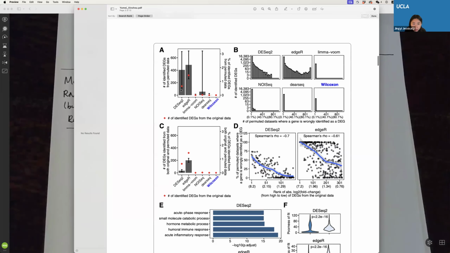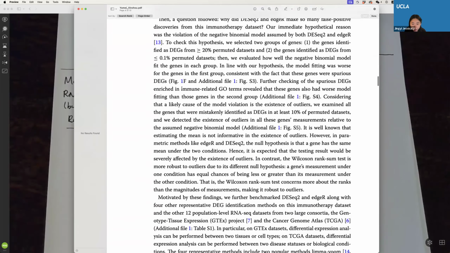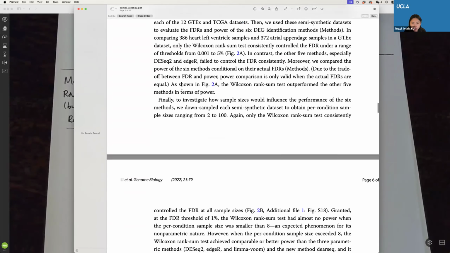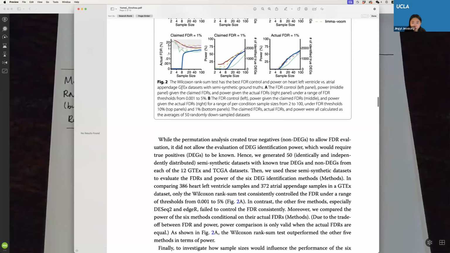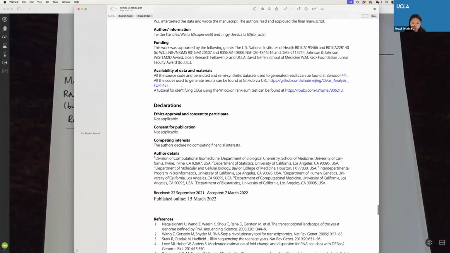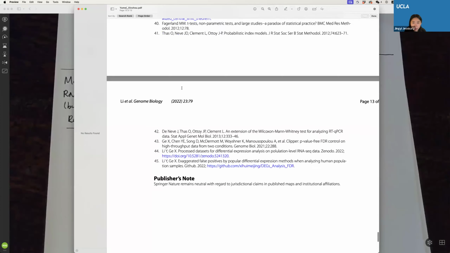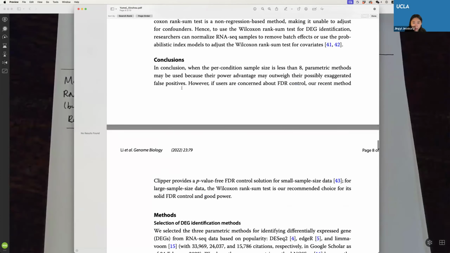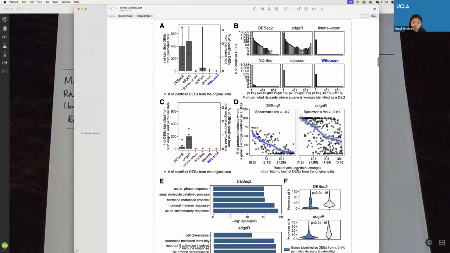But the underlying reason why this happens is the negative binomial fitting. So let me show one example. Maybe it's not in the main text, but it is a figure I hope to show you in my talk.